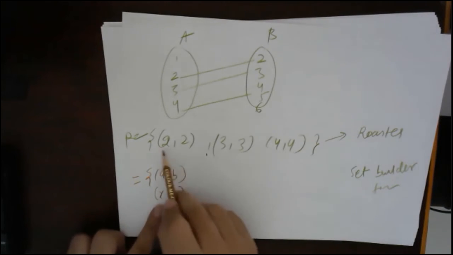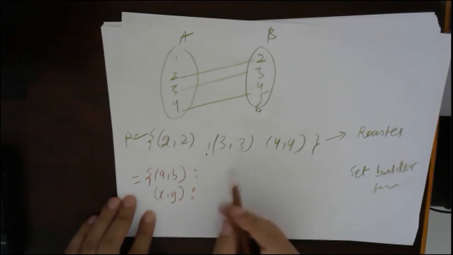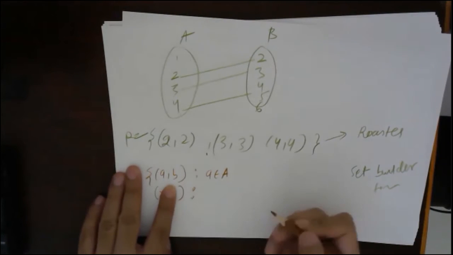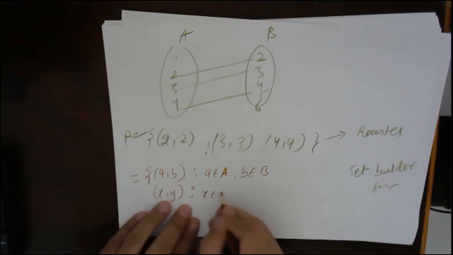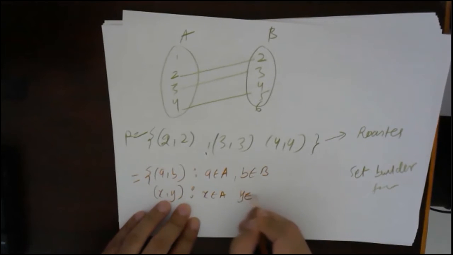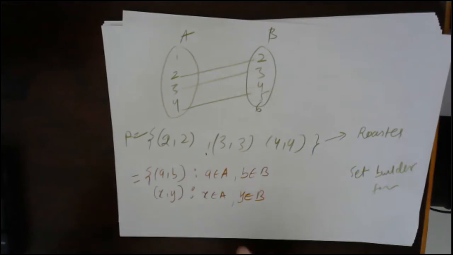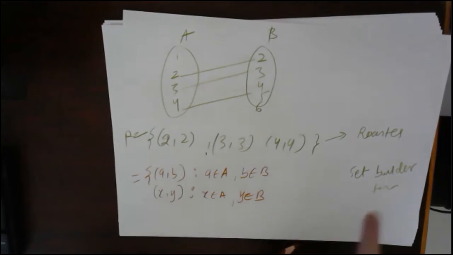So now because this is a relation, elements will be of this form (a, b) or (x, y). Here a belongs to set A, and b belongs to set B. In this case, x belongs to set A and y belongs to set B. The ordered pair is the element. Now the ordered pair has what? (a, b), or in this case (x, y). So I have taken (a, b) and (x, y) from my side only.